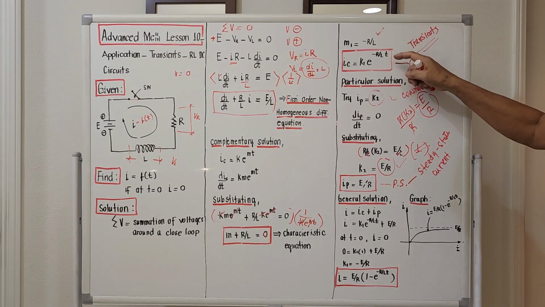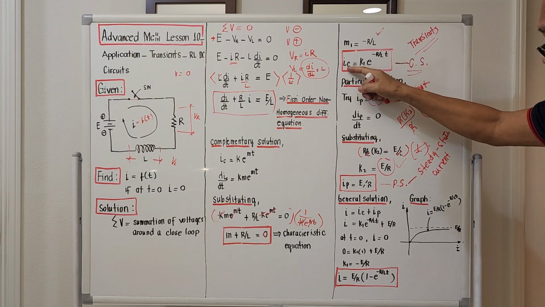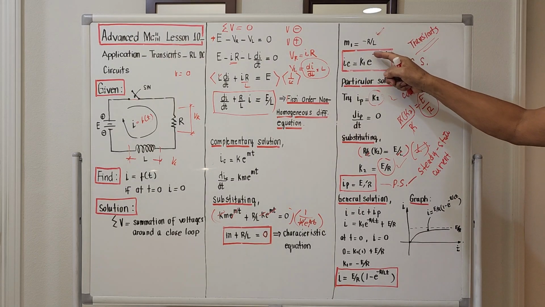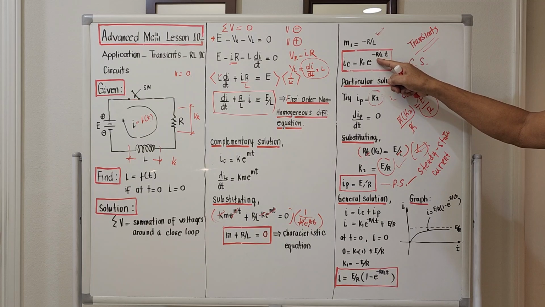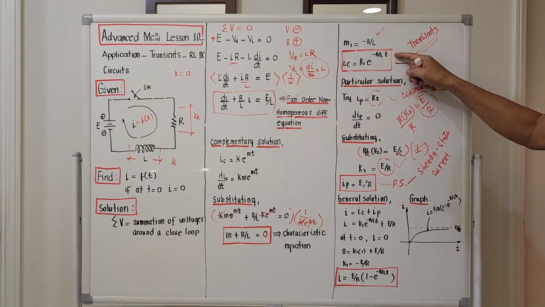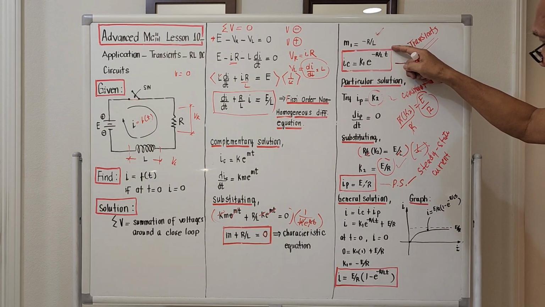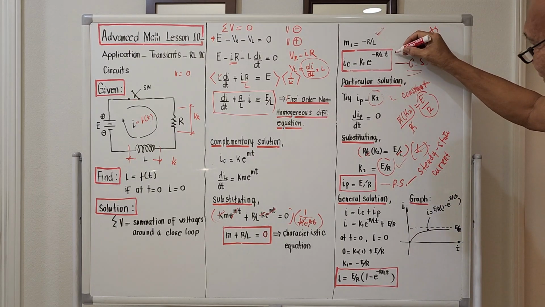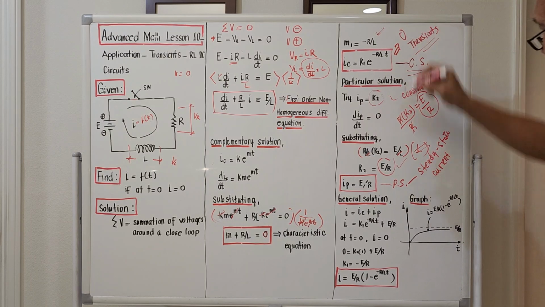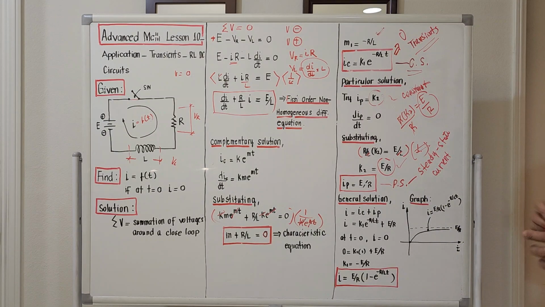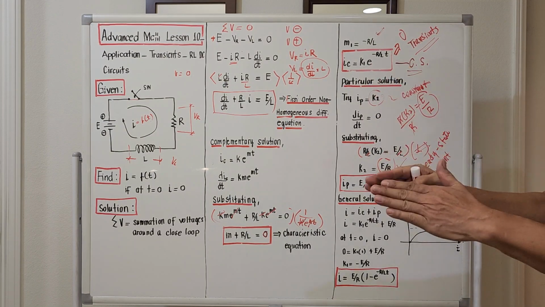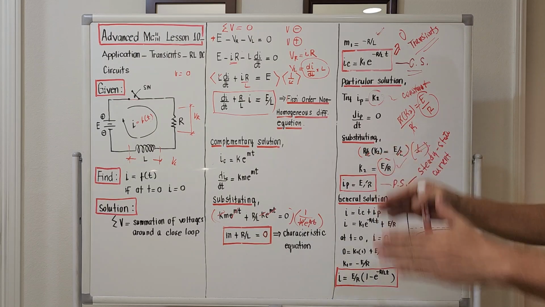As time increases, since the exponent is negative, this approaches the value 0, because the complementary solution will exist for only a very short period of time.